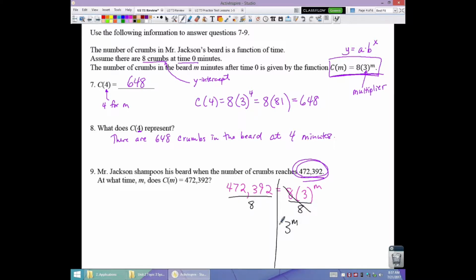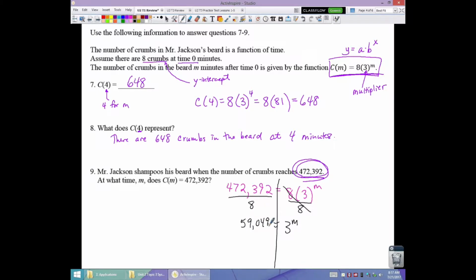So 3 to the m equals, let's see, 472,392 divided by 8 is 59,049. But like I said, you don't know which power of 3 equals 59,049.